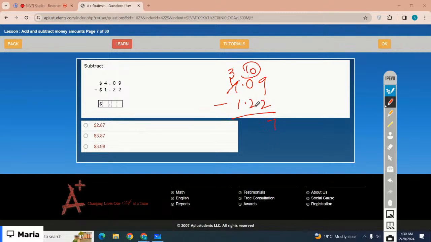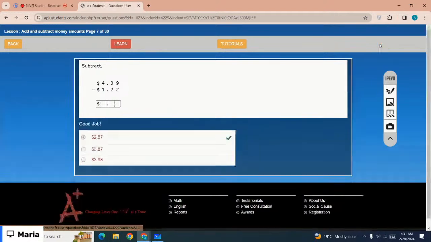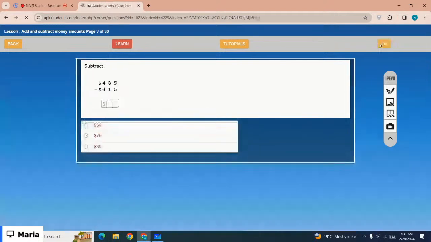Now you have to do 10 take away 2. 10 take away 2 is 8. And then you have 3 take away 1. 3 take away 1 is 2. That is 2.87, the correct option. Option number 1 is the correct option. Option number 2 is the correct option, right?